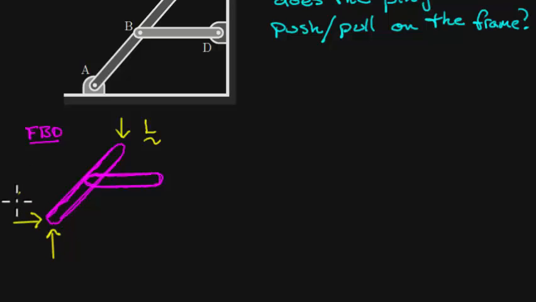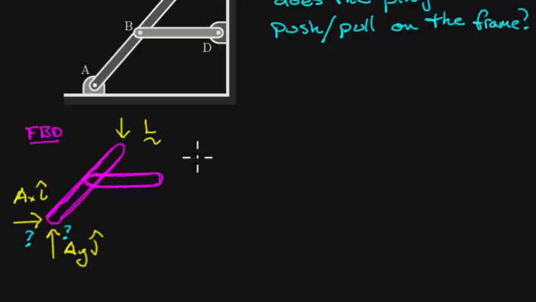A component I'll call Ax in the horizontal, or i hat, direction, and an Ay in the vertical, or j hat, direction. But I don't know whether this is in the positive i hat direction, so maybe I'll put a little tiny question mark there. And I also don't know if this vertical piece is upward or downward, so I'll put another question mark right there. And that's what I'm asked to find.